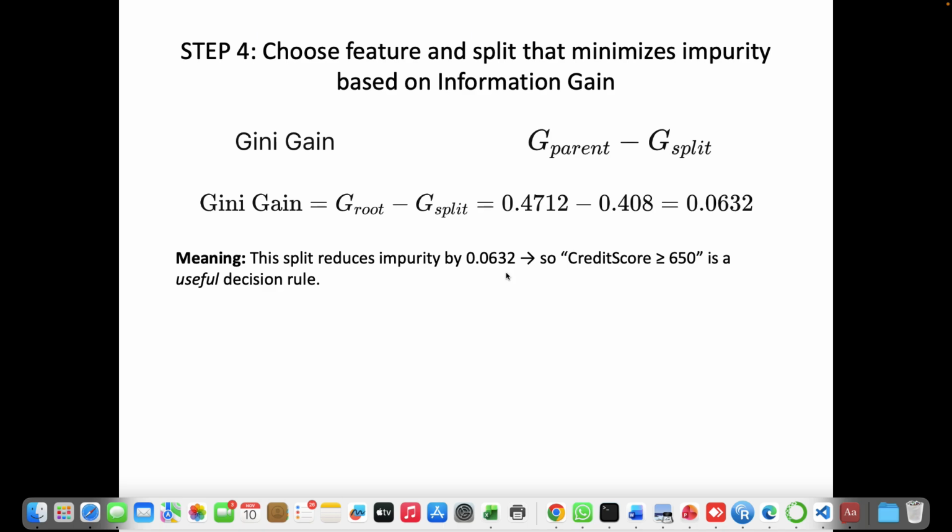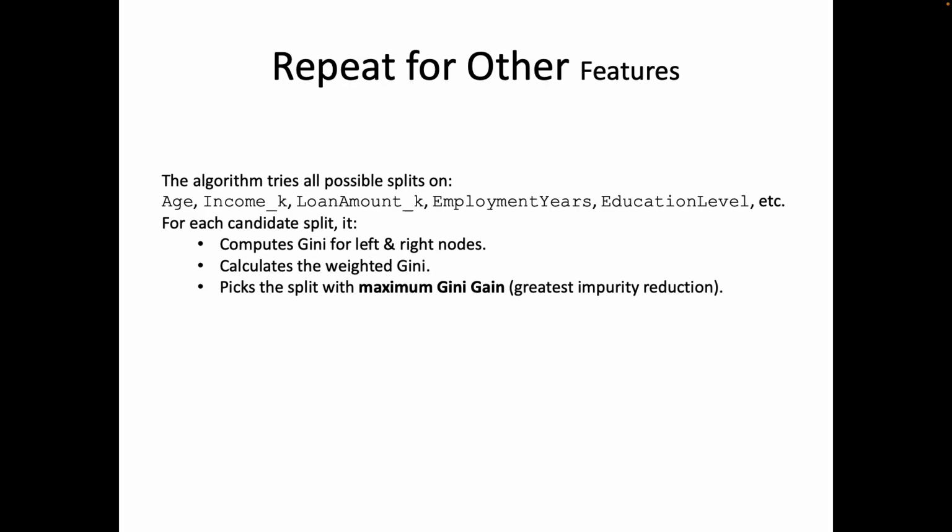So what we need to do now is go to the next level and repeat all of this for all the other features. We considered first the root, then what was the second node? First was based on accepted and rejected.